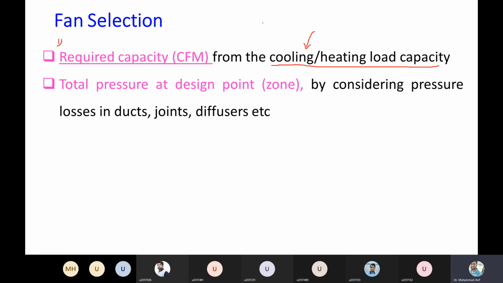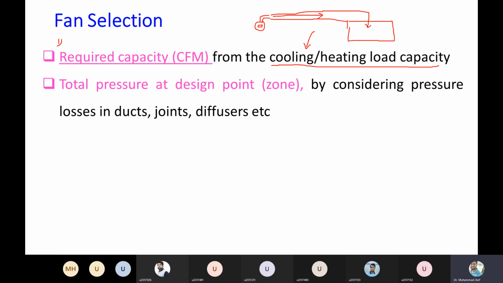Let's say this is your blower, the fan that you have to select. This fan has to deliver the air through the ducting, joints, and diffuser, and this is your zone where you have to supply that air. The first input that would be required is the capacity, the flow rate of air required, which comes from the cooling and heating load calculation.